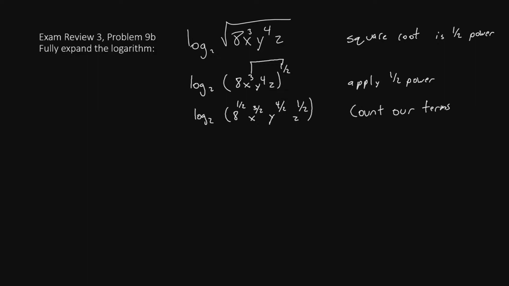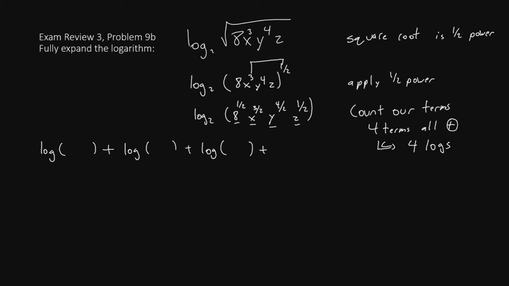We can see that we have 1, 2, 3, 4 terms. And since we have no fraction, all of these terms will be positive. Since we have 4 terms, we will have 4 logs. So let's write 4 logs. We have log of the first term, plus log of the second term, plus log of the third term, plus log of the fourth term.